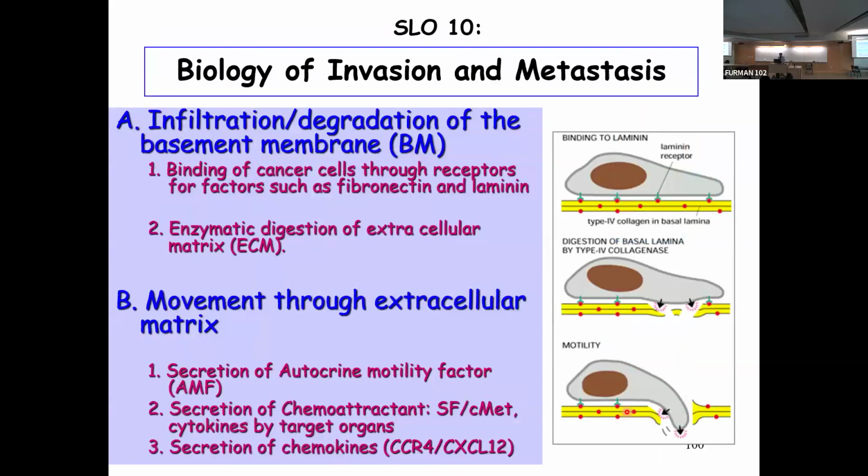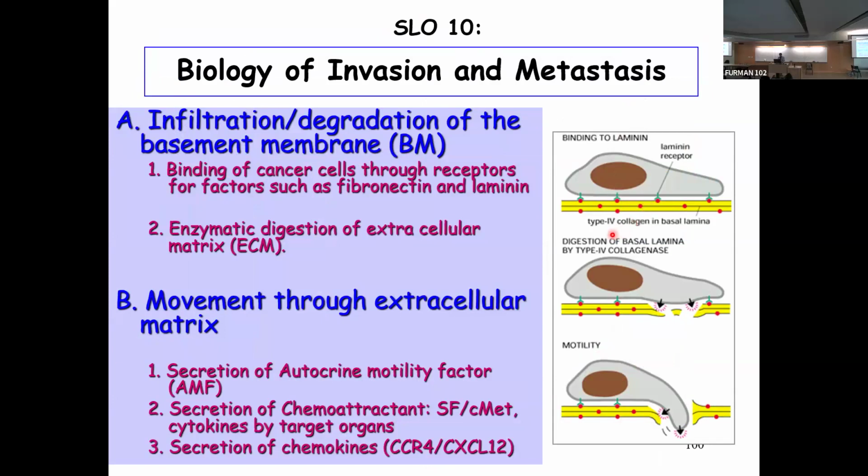Now, I think I'll stop here with this slide. In a nutshell, what we need is to understand the whole concept of the biology of invasion and metastasis. A cell has a few steps to follow. They bind to the basement membrane.